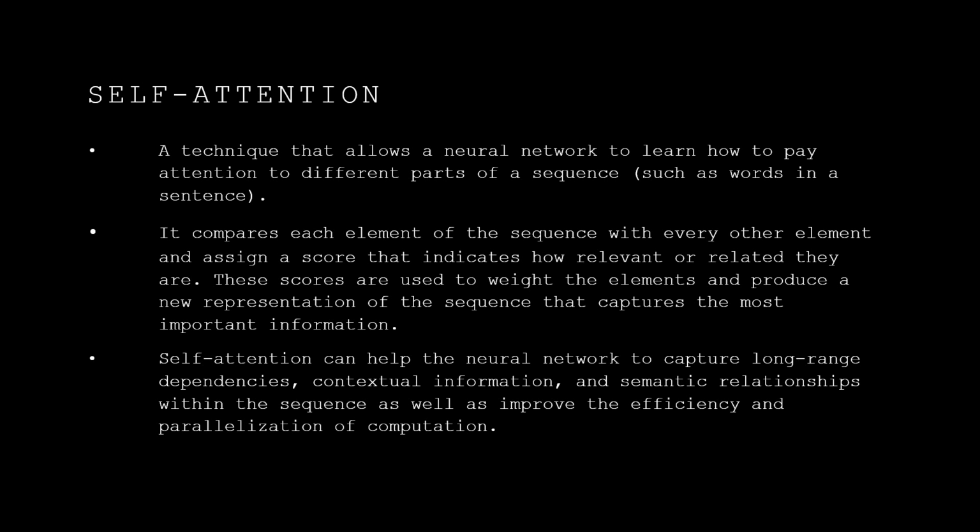These scores are used to weigh the elements and produce a new representation of the sequence that captures the most important information. Self-attention can help the neural network to capture long-range dependencies, contextual information, and semantic relationships within the sequence, as well as improve the efficiency and parallelization of computation.